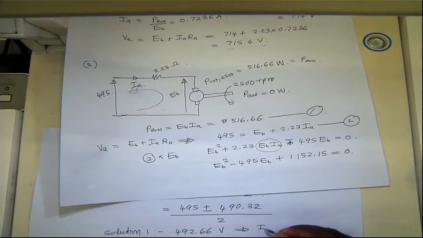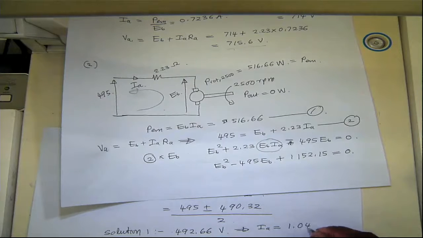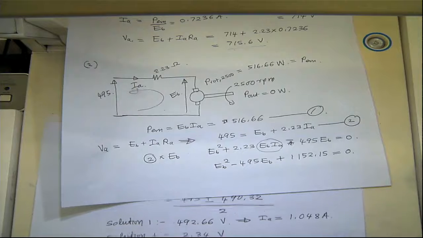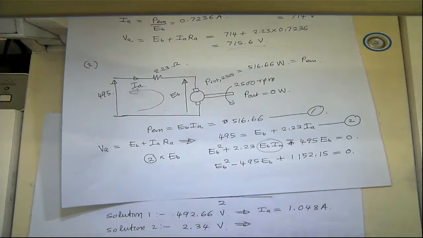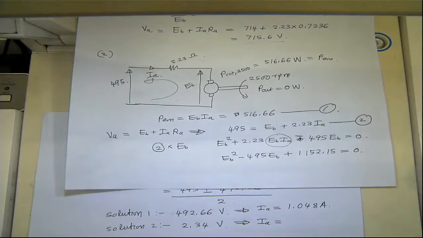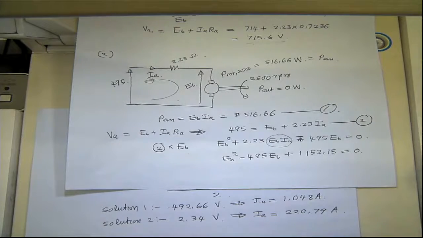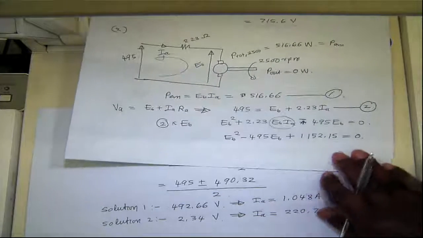Here IA will be 516.66 divided by 492.66, which gives you 1.048 amperes, and then IA will be 516.66 divided by 2.34, which gives you 220.79 amperes. So both are theoretically valid operating points.